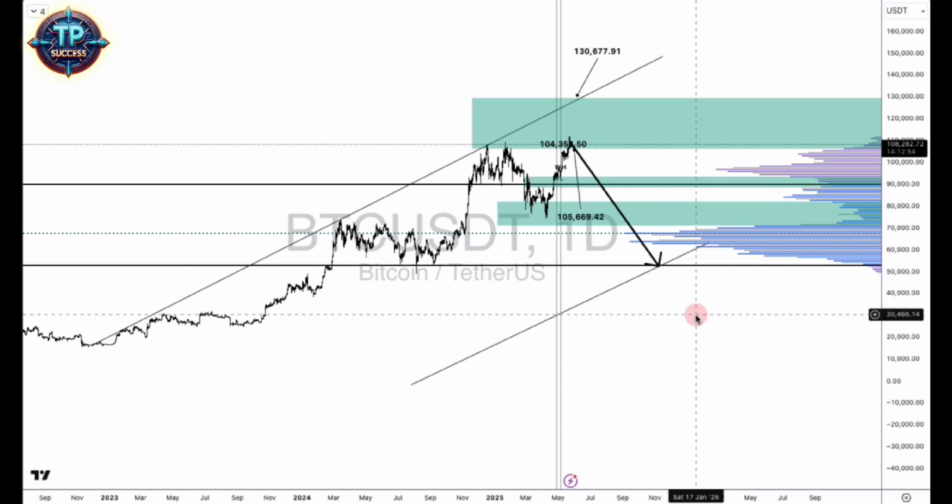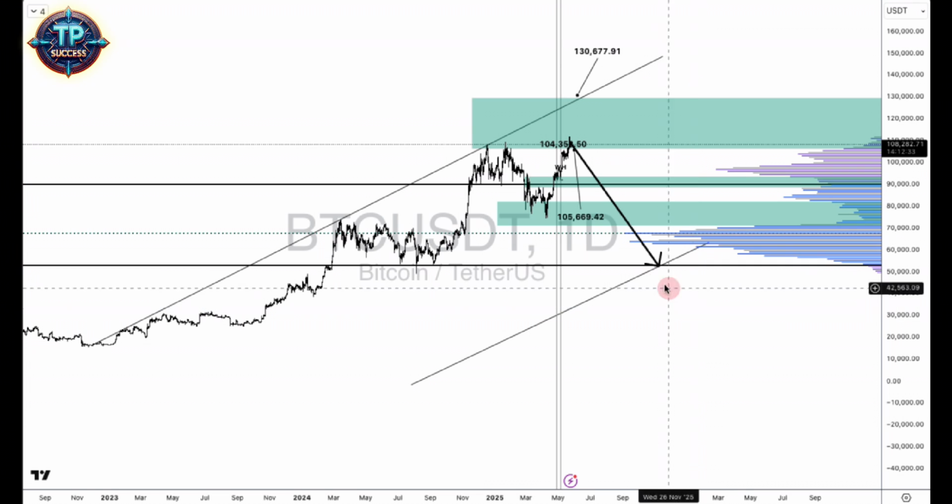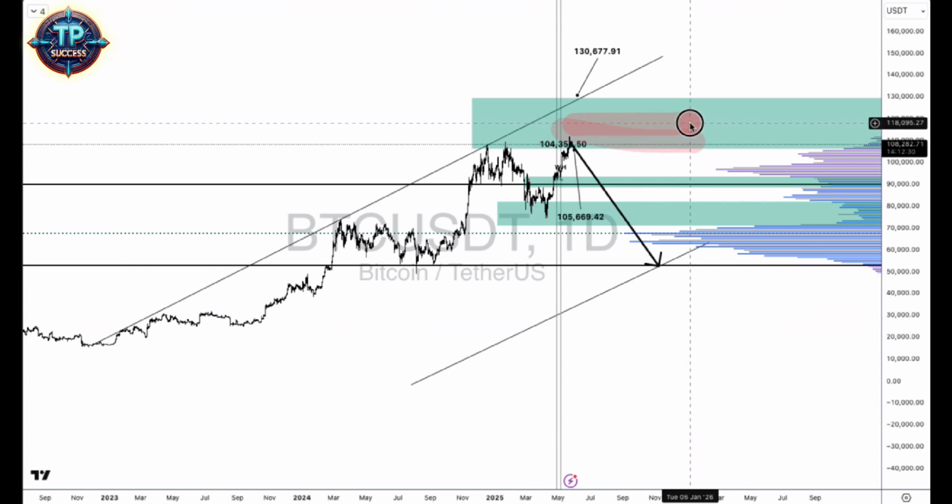And in all fairness, with BTC at 100, I expect it to come to 50k before it goes to 150. In my opinion, I expect it to do that. Now, if you're really famous and you've got a whole bunch of people to give you billions and billions of dollars, you could buy up here.